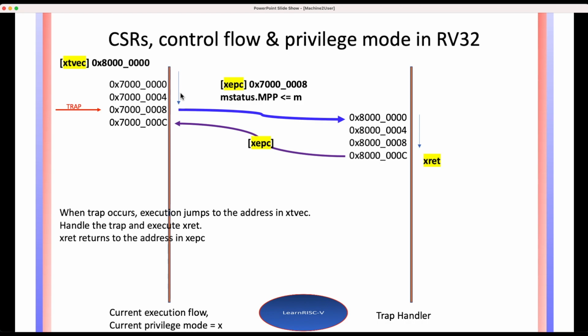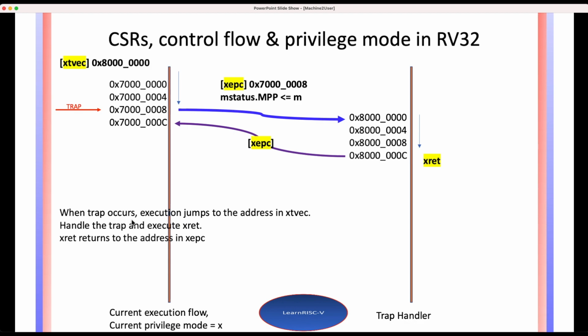For each level there will be a status register, so this mstatus, sstatus or ustatus corresponds to the status register of these three modes for a particular hart, and this is a register that will track as well as control the hart.